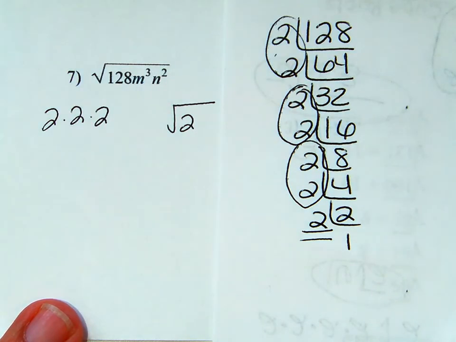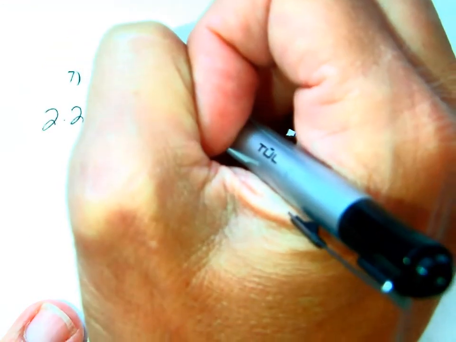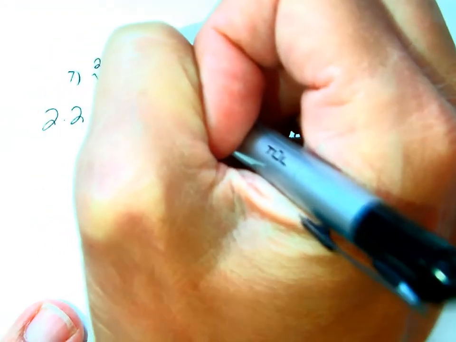As far as the variables, I can write them out just like I did last time, but there is a little bit of a shortcut that we can use by using the index number and dividing it. We're looking for groups of 2, which is the same as dividing by 2. So if I do a division, 2 into the exponent, 2 divides into 3.